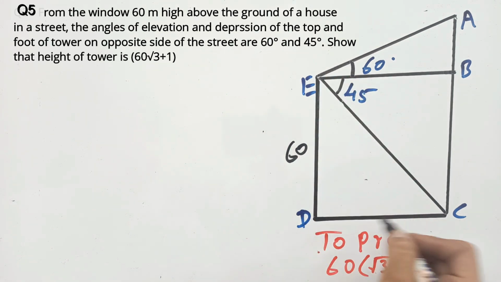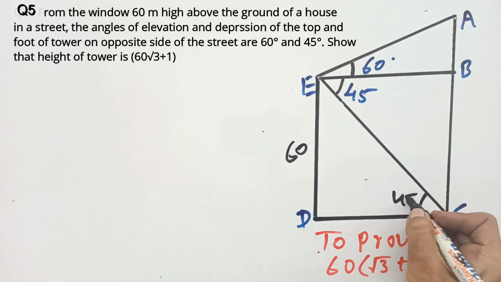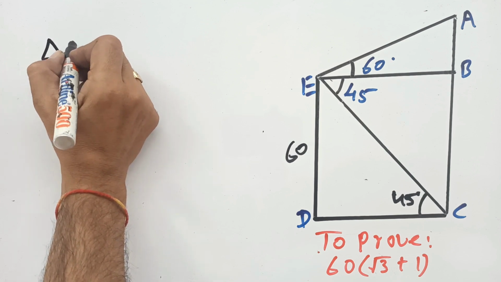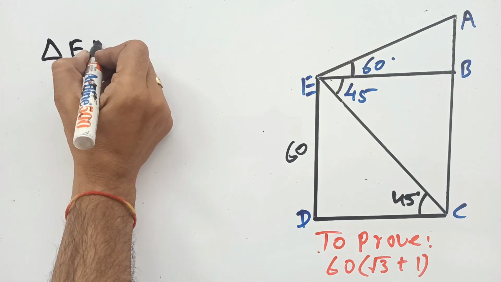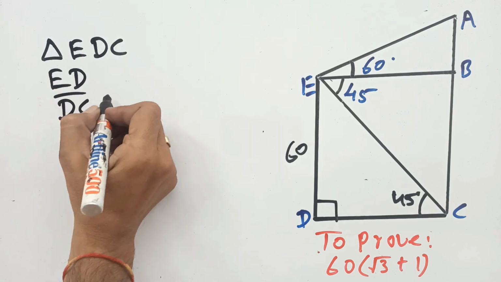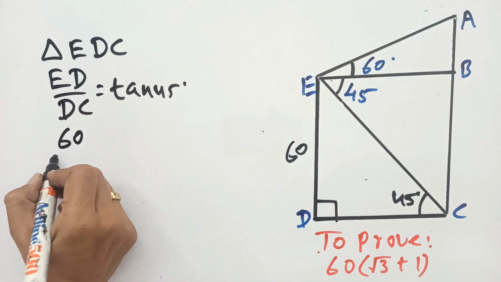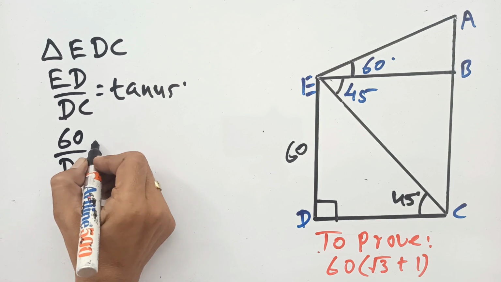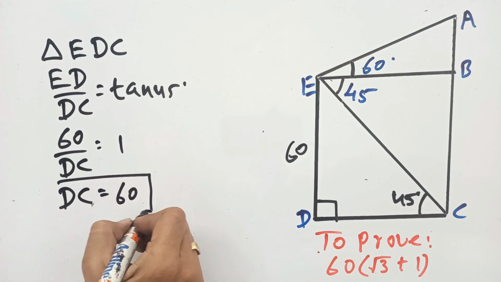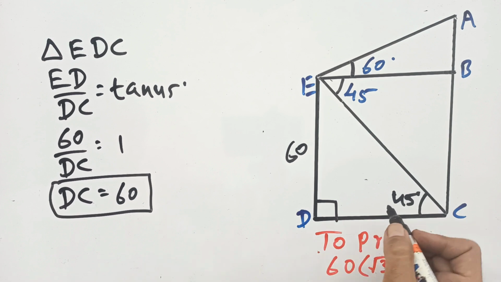Now let us start with triangle EDC. This angle will also be 45, alternate angle, the line of sight. So very simple, tan 45 value is 1, so DC is equal to 60.